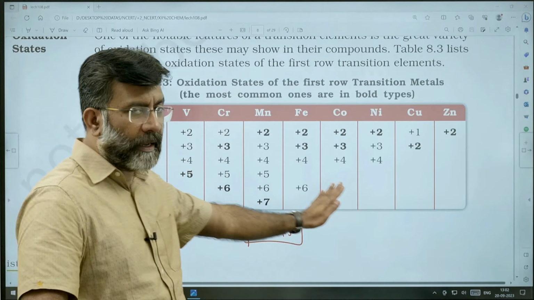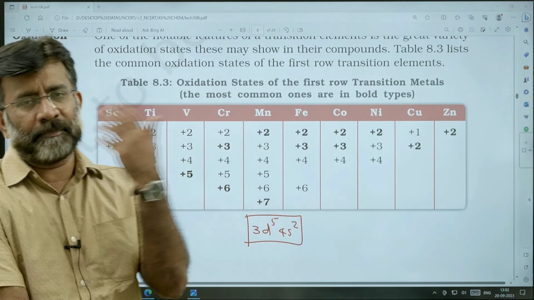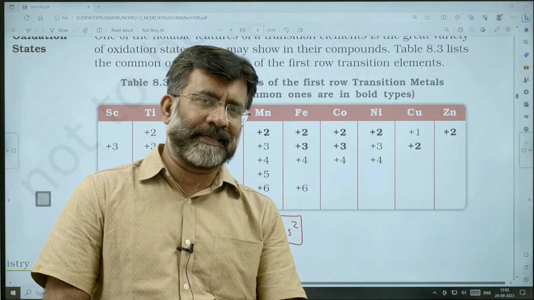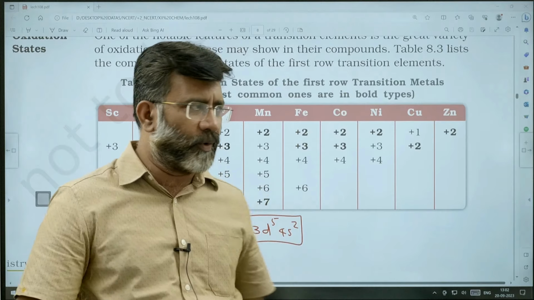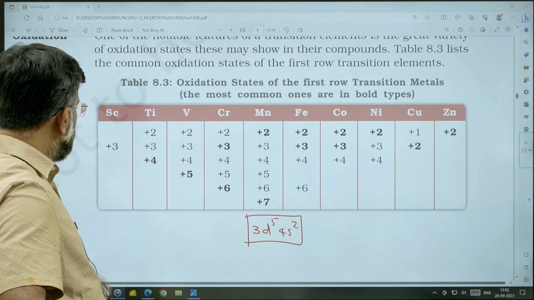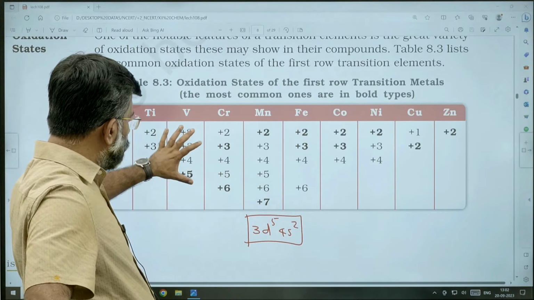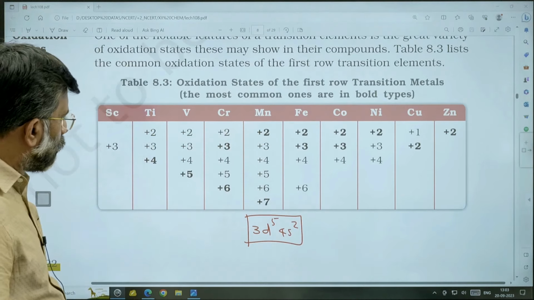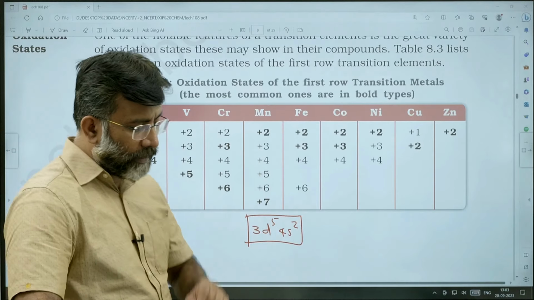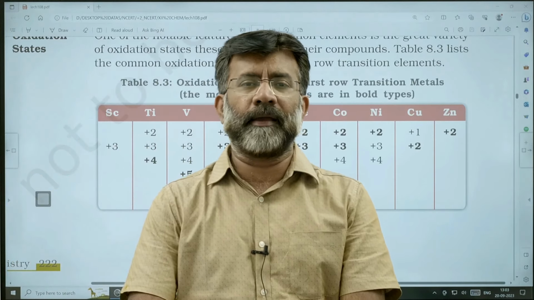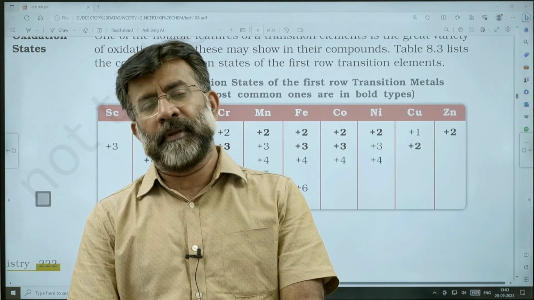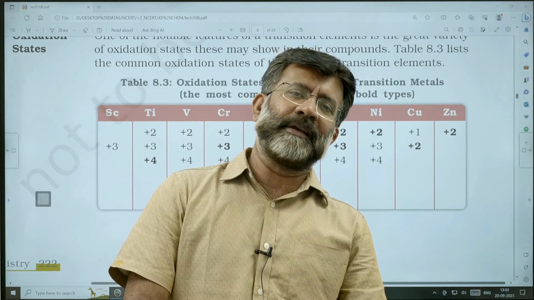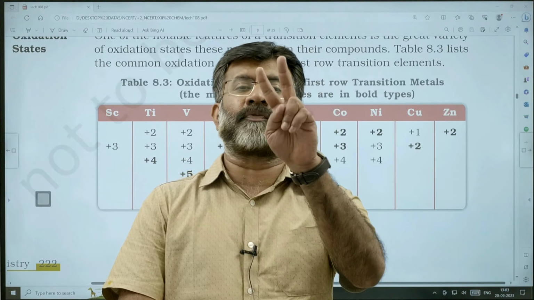Beyond manganese, pairing starts. As the pairing starts, the chances of contributing towards oxidation state decrease, as all of you know. So you see 1 state here, 3 state here, 4 state here, 5 state here, and here 6 state, 2, 3, 4, 5, 6, and it is quite reasonable and interesting to see. Unlike this, P block elements show variable oxidation state, but their variability differs by a unit of 2.